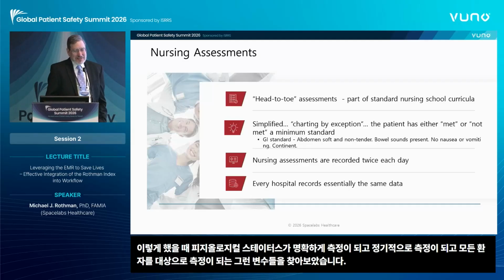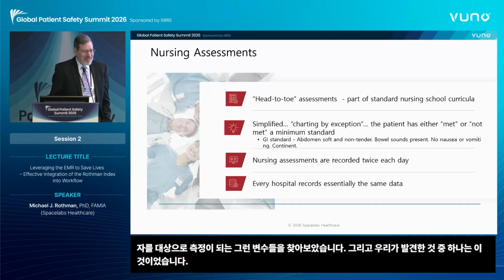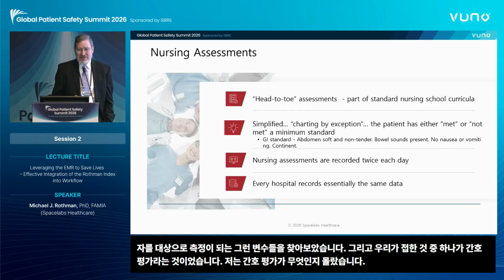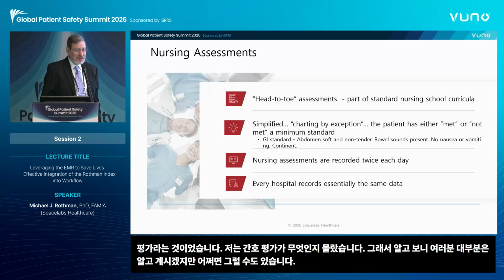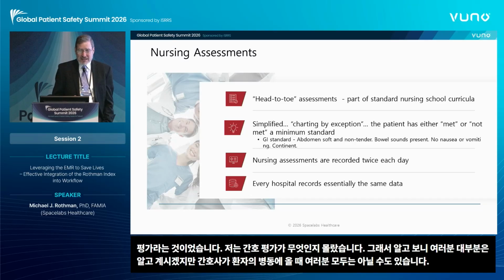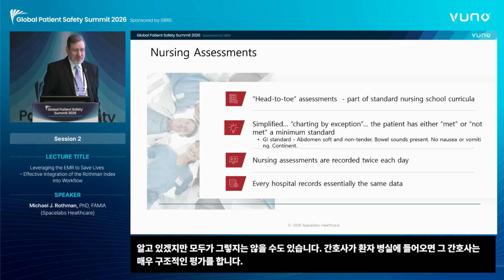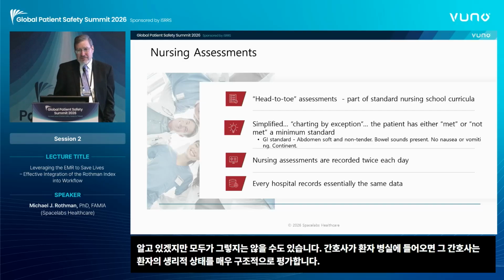It turns out, I'm sure most of you do, but maybe not all of you, when a nurse comes into a patient's room, that nurse does a very structured evaluation of the patient's physiological status, actually rating each of about a dozen physiological systems in terms of have they met or not met a minimum criteria.